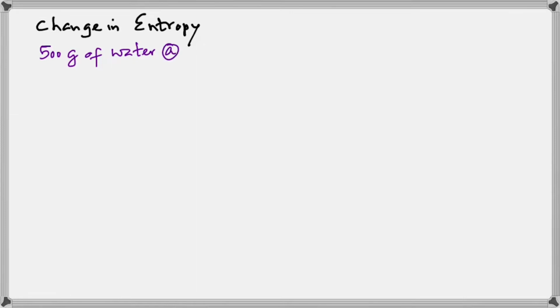So let's go to change in entropy. Did we do change in entropy? Yes, we did. All right, so suppose you have 500 grams of water at 20 degrees Celsius, and you want to change it to ice at 0 degrees Celsius.